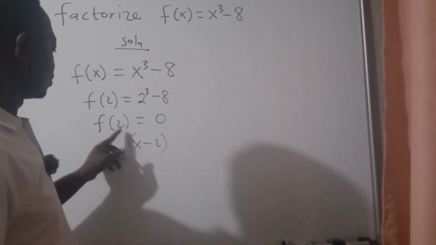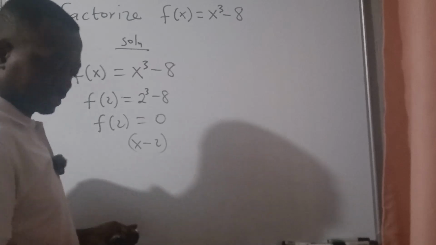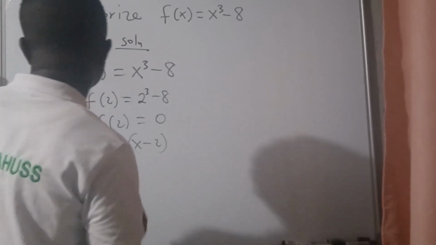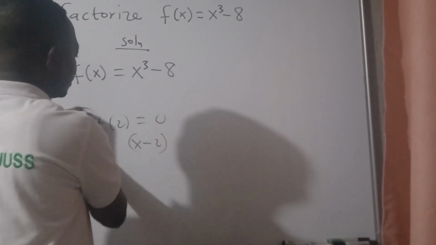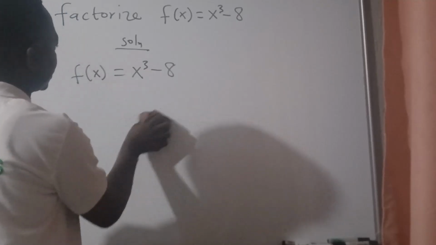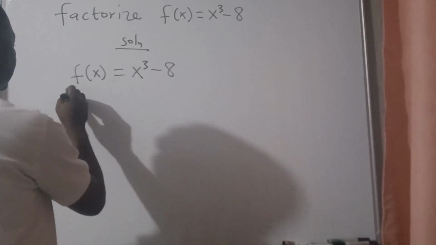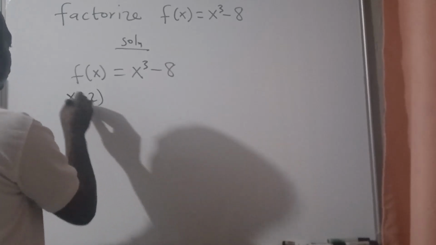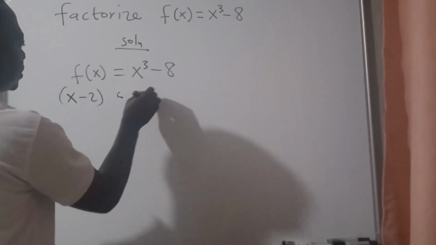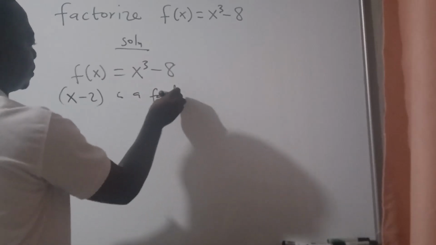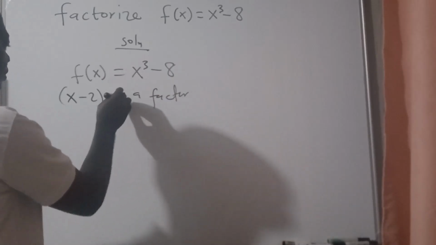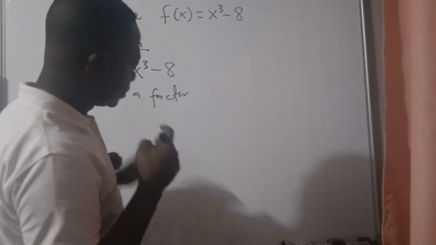That's the idea. All right, so with this, I'll say my first factor is x minus 2. It's a factor of this polynomial.